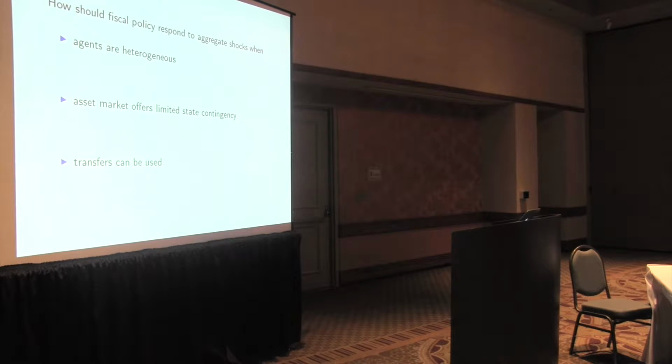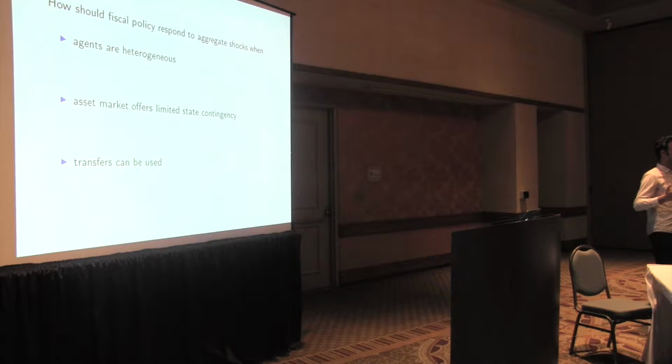The three ingredients: we want to answer this question in a world where agents are heterogeneous, markets offer some kind of limited state contingency, and transfers can be used for redistribution. If you look at how the US government finances its budget, you see that it typically has some amount of limited state contingency.